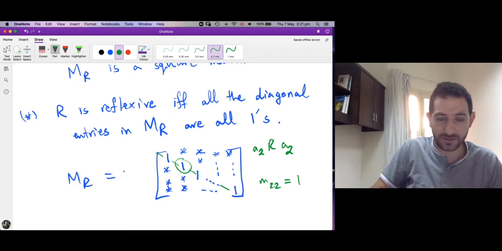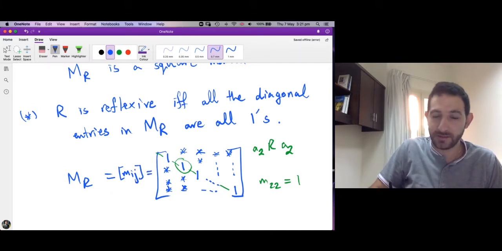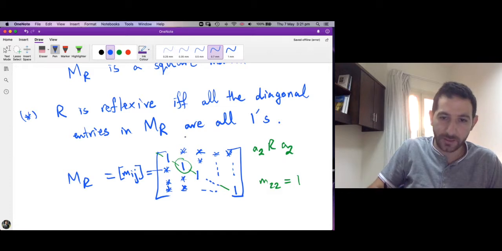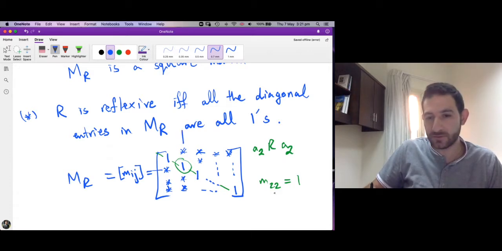So we denote the entries by Mij, and this is the matrix. What is this entry? It belongs to the second row and second column. So M22 is 1, which means A2 is related to A2.